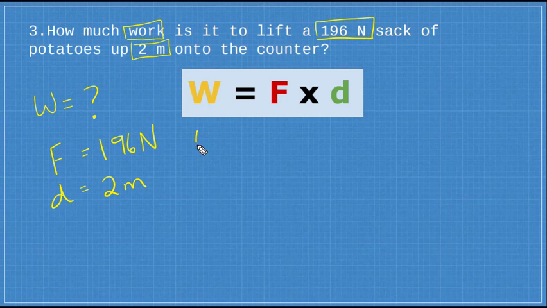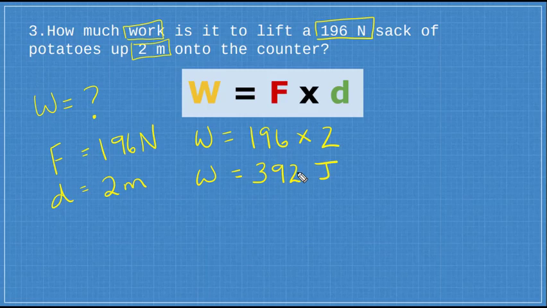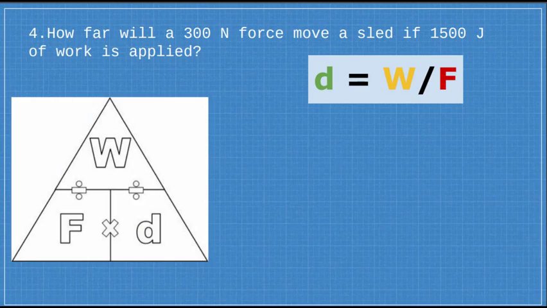So I'm going to use work equals force times distance, or W equals 196 times 2. And once again, I'm going to type that into my calculator. And when I type it in, I get an answer of 392 joules. Because remember, work is measured in joules.